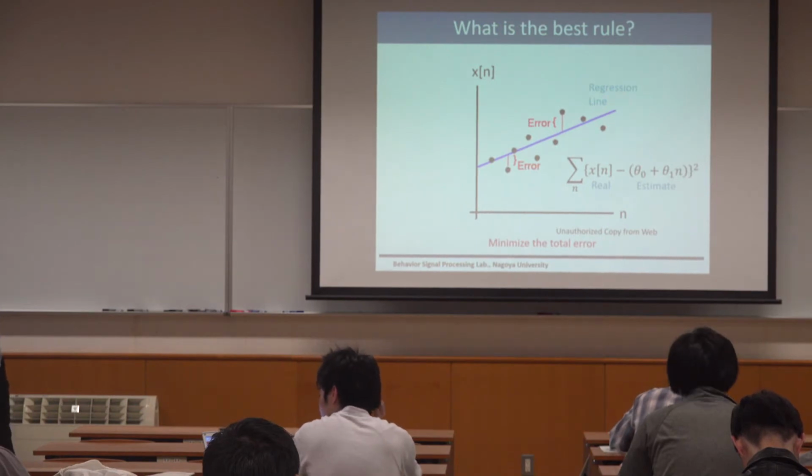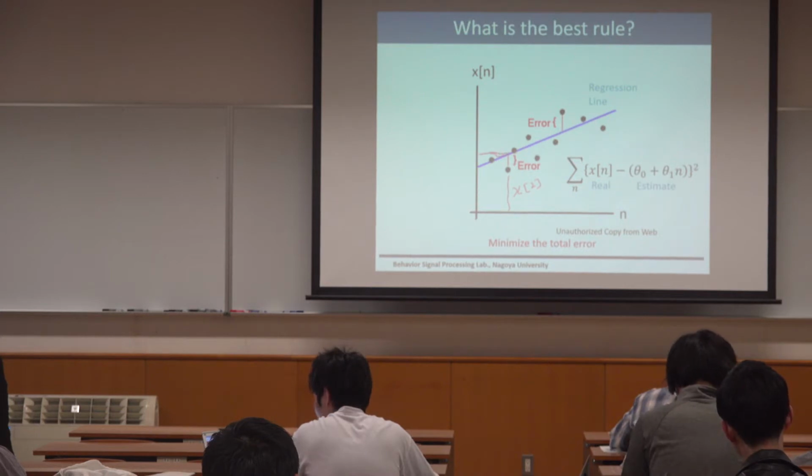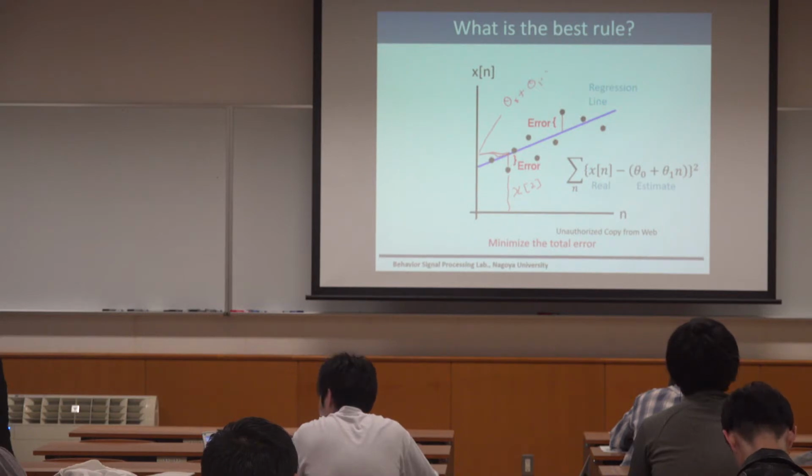When you put this x2, this is the model a theta 0 plus b, with a and b put in, and the error value is this x2 minus the estimate.